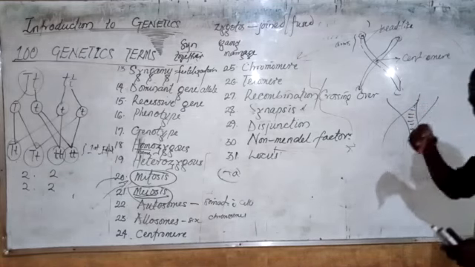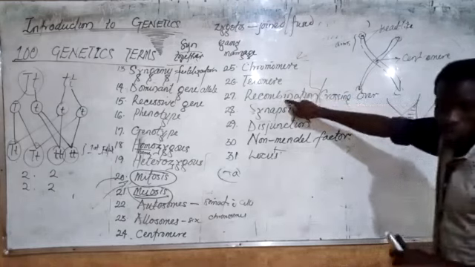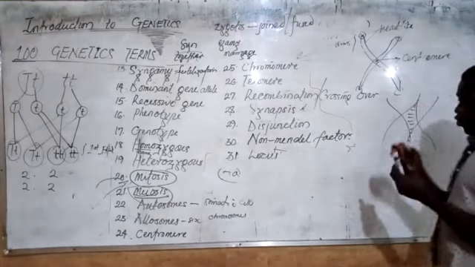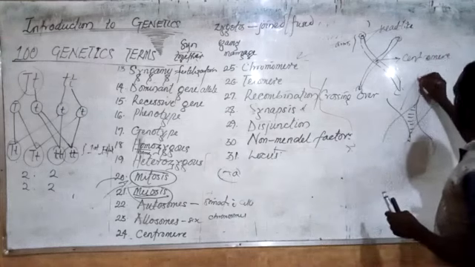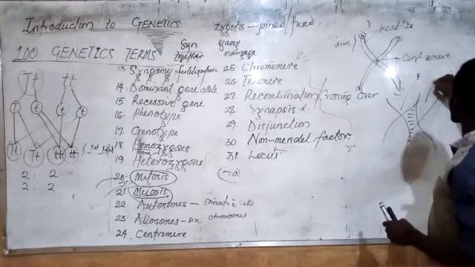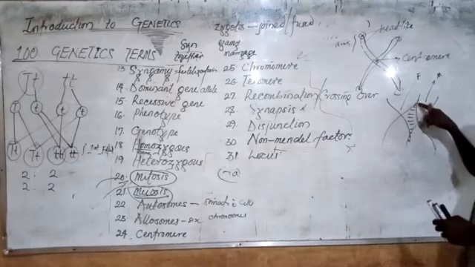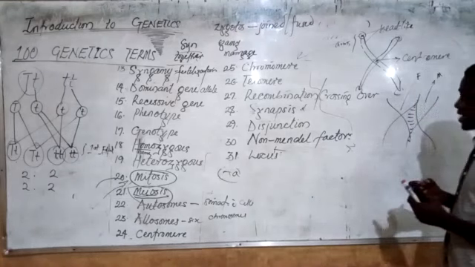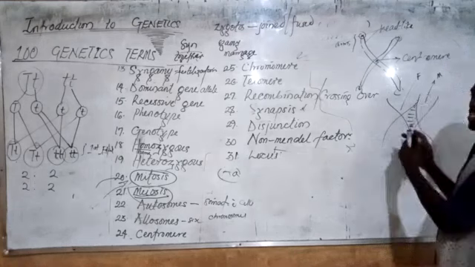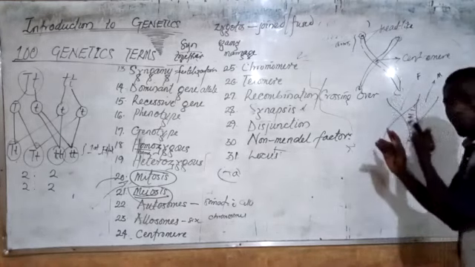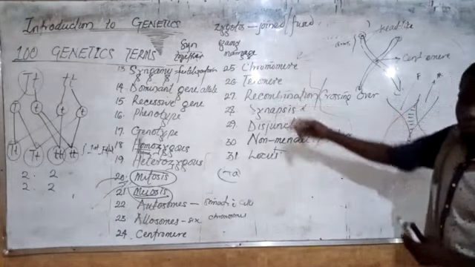In the pachytene stage, this recombination now happens, which is basically the exchange of the genes at the same locus. So let's say this chromosome comes from the father and this chromosome comes from the mother. The exchange of genes at the same loci between both parent chromosomes is what you call recombination.